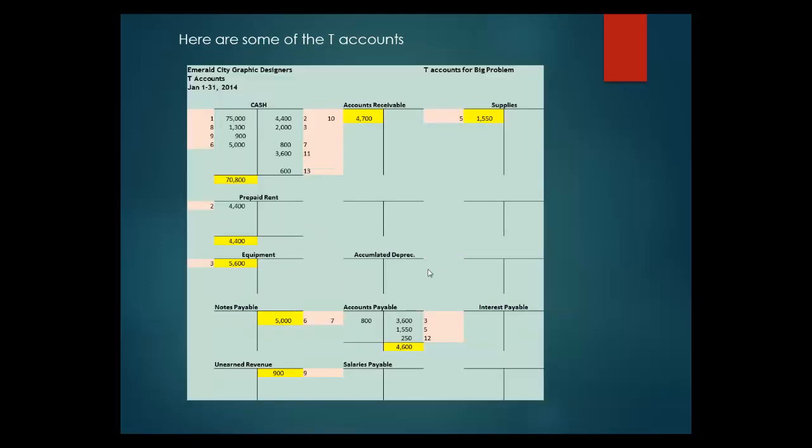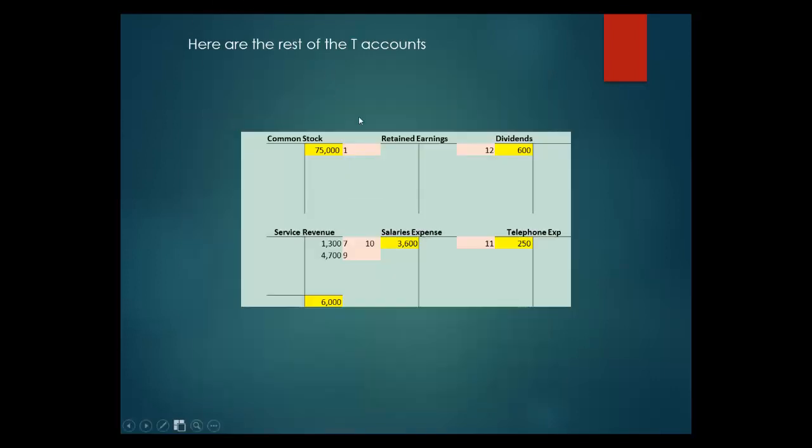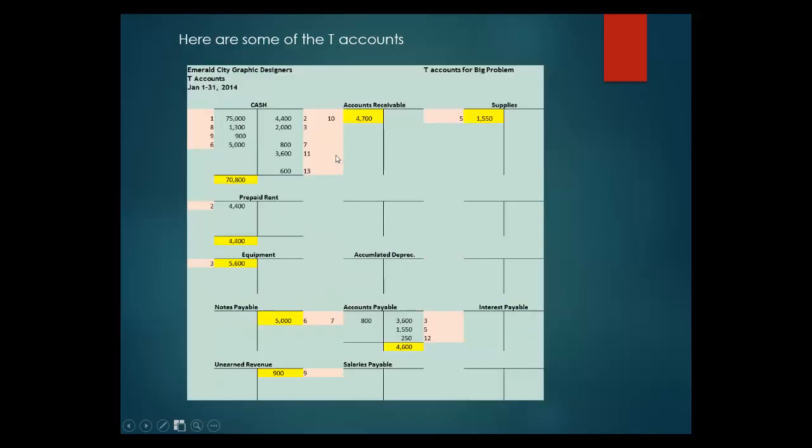But let's go back and look at cash. So that first transaction, we debited cash, so we put it on the left side, and we credited common stock. So I'm going to change the slide, and you can see credit to common stock. And I would encourage you to make a sheet, list all these accounts, go back to the journal entries and post them yourselves just to make sure that you're familiar with this process.